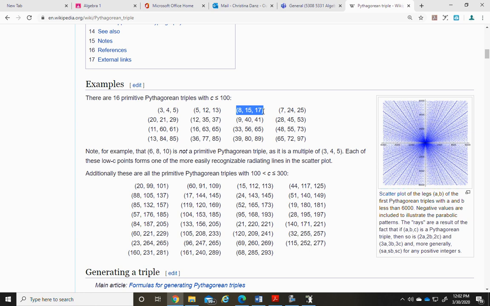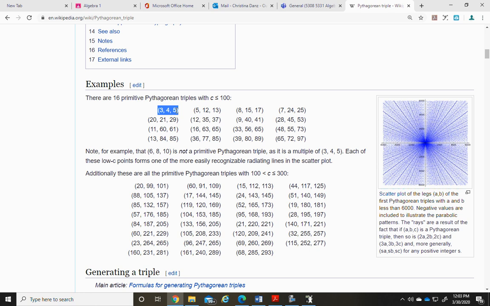And then another one that people tend to remember are the 8, 15, 17 right triangle. All the rest of them, it's hard to remember them. And honestly, the one that's remembered most is the 3, 4, 5. So if you notice the legs are 3 and 4 and the hypotenuse is 5, you know for a fact that it's a right triangle.